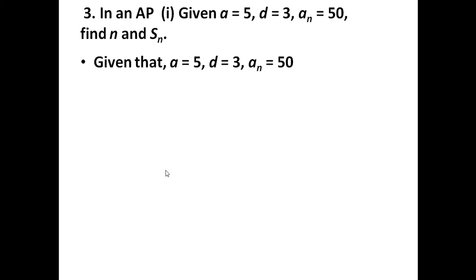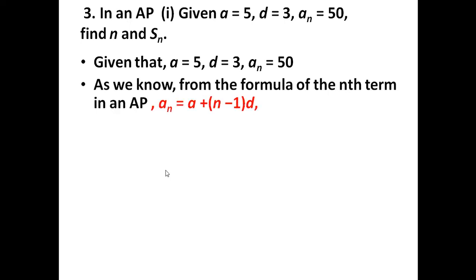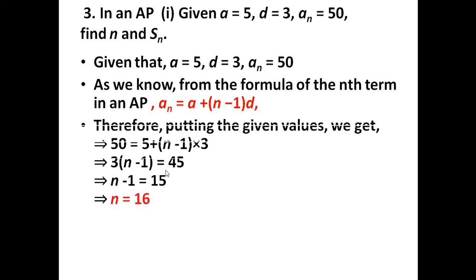So given data we should write. So a is 5, d is 3, and an is 50. So we need to find n. So use the formula an equals a plus n minus 1 into d. So you will get the n value as 16. Substituting all these values, an is 50, so 50 equals the a value 5 plus n minus 1 into 3.